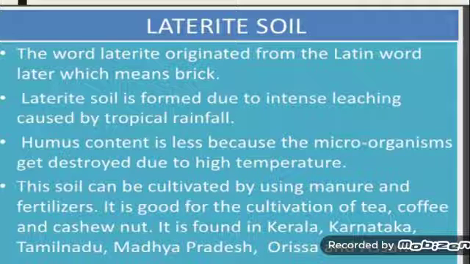Children, once again I am repeating the characteristics of laterite soil. Laterite soil develops in areas with high temperature and heavy rainfall. Humus content of the soil is low because most of the microorganisms, particularly the decomposers like bacteria, get destroyed because of high temperature.